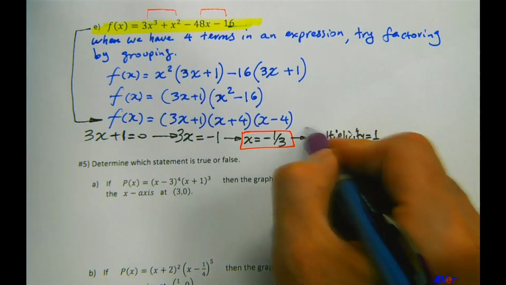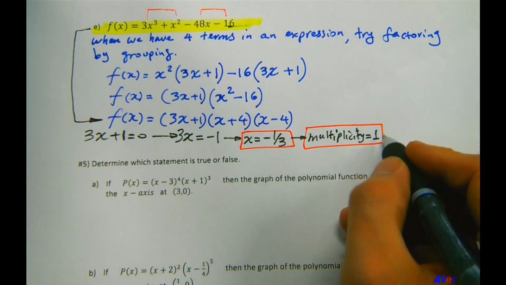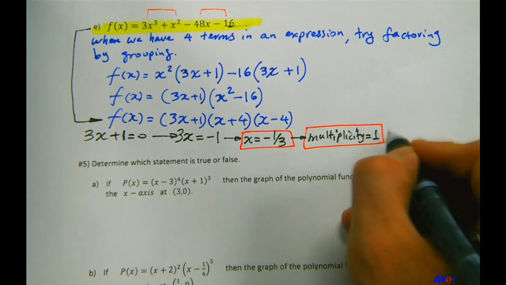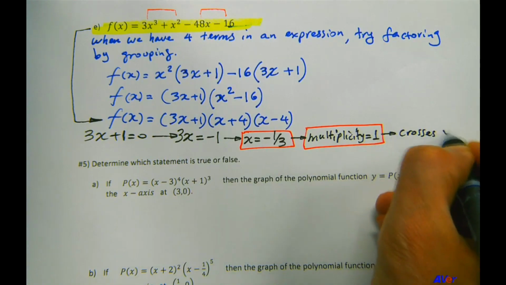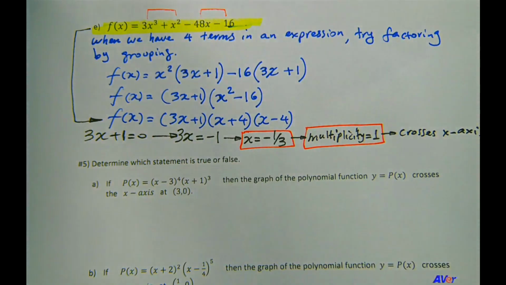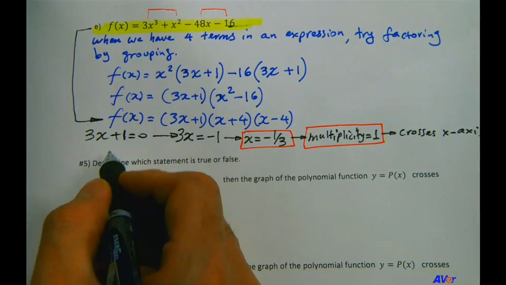Does the graph cross the x-axis? What do you think? Yes, it does, right? Because multiplicity is odd in this case. So it crosses the x-axis because multiplicity is odd.